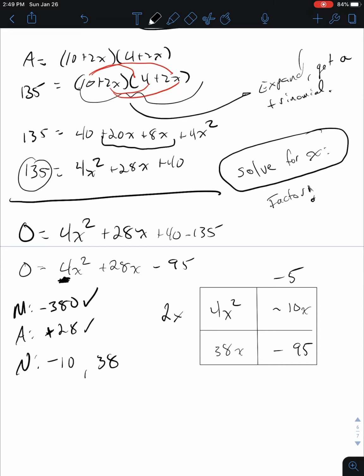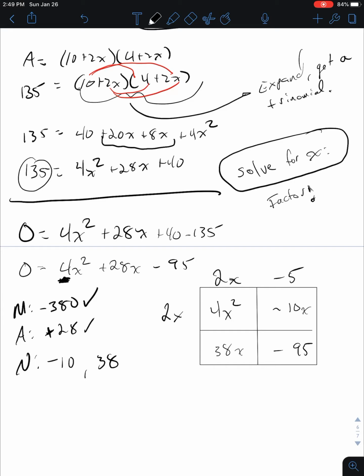And then 4 goes into 38, how many times? It doesn't. That's 20, 30. No, it doesn't. Dang it, it's not going to work. But don't give up on it yet. 2 goes into both of them. Oh, that's true.